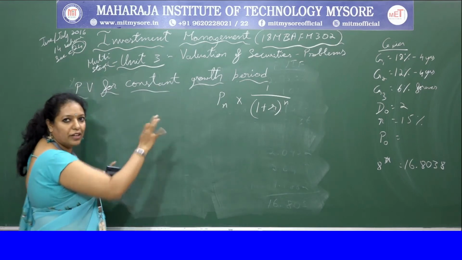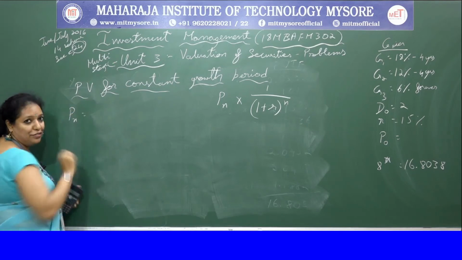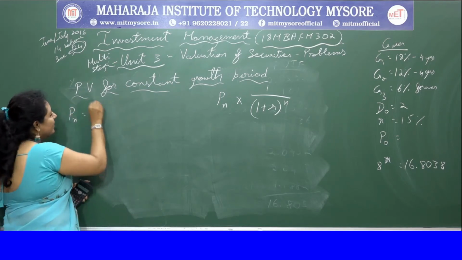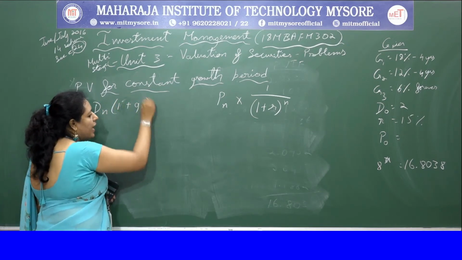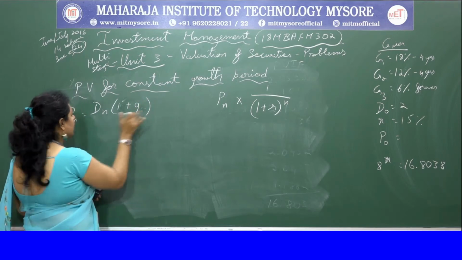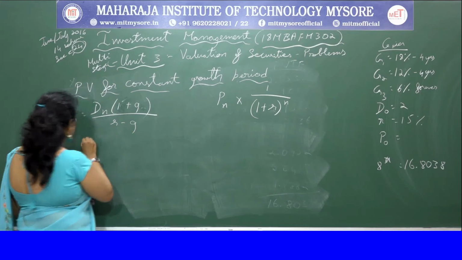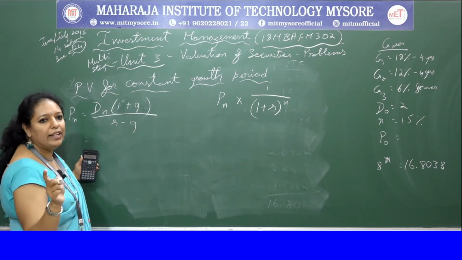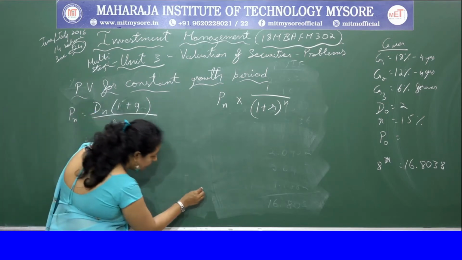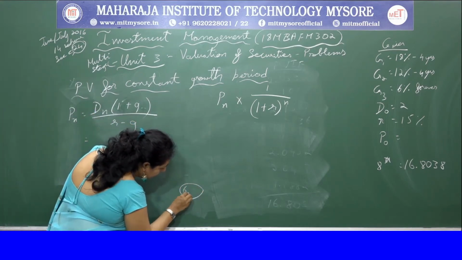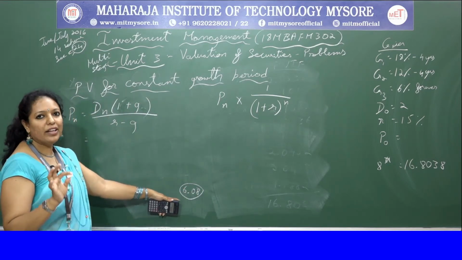So for calculating this we need Pn, and to calculate Pn we have another formula, that is Dn into 1 plus gn, that is the constant growth rate, divided by R minus G. Dn is the value you get for the last year. Here it is, 6.08.